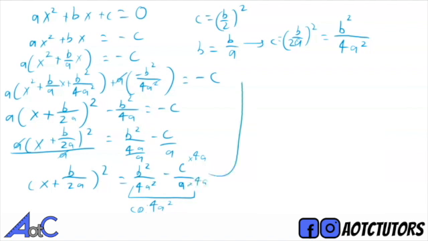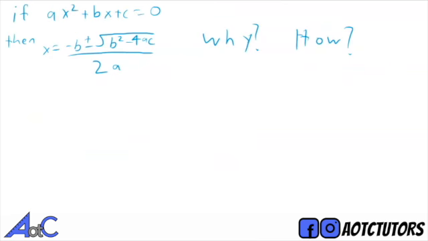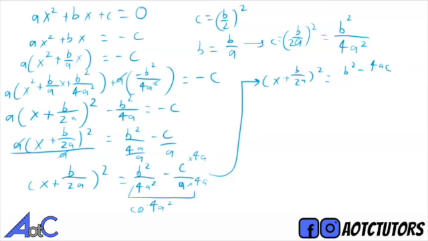So continuing that up here, I have that x plus b over 2a all squared is equal to b squared minus, look at this, 4ac. Oh my god, guys, that's starting to look kind of familiar. All over 4a squared.